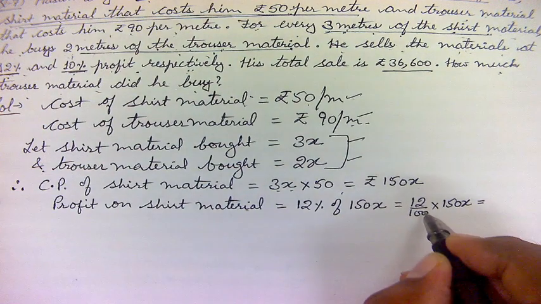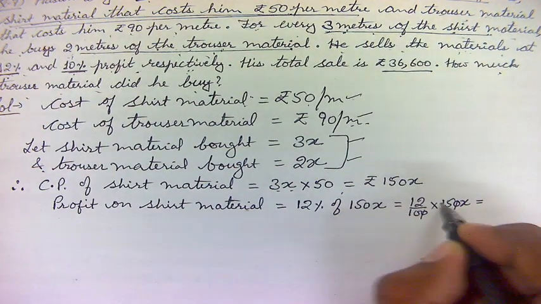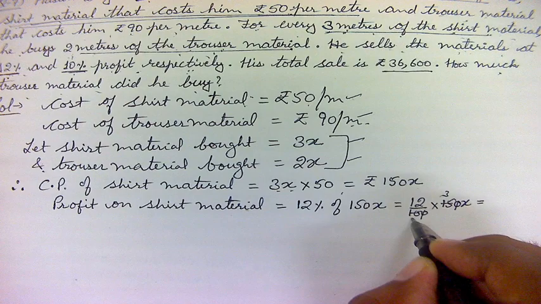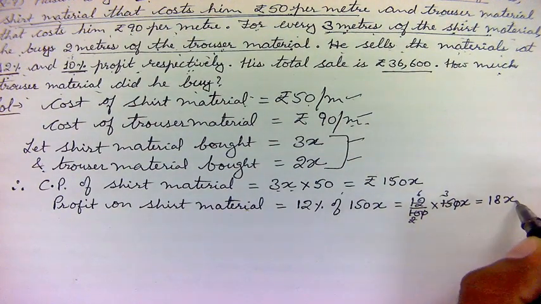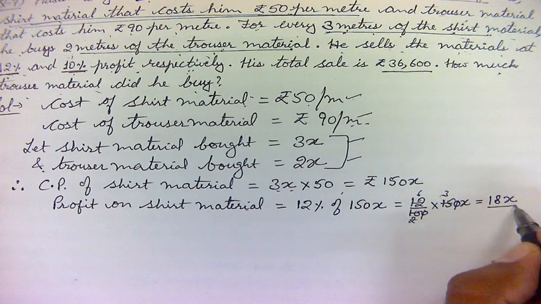Simplify this: 0 cancelled out, 5 threes are 15, 5 twos are 10, and you get 18x. So 18x is the profit.